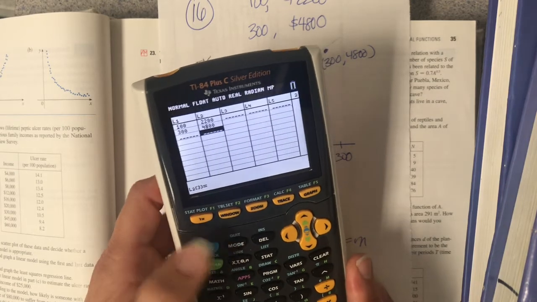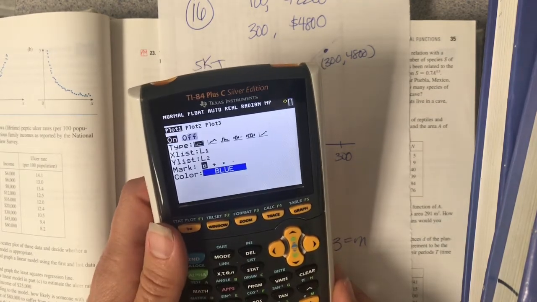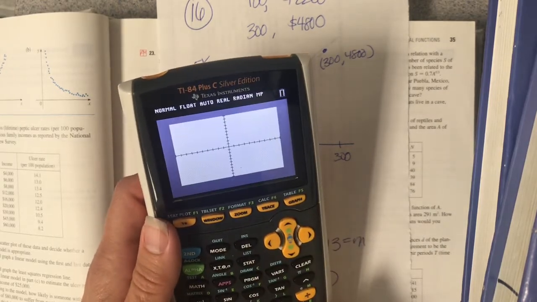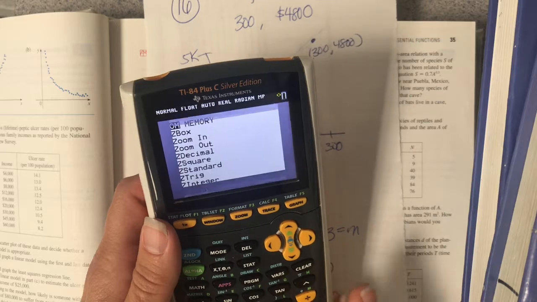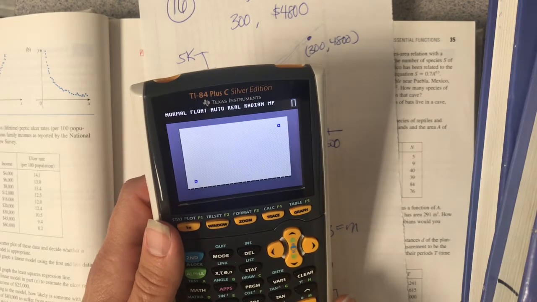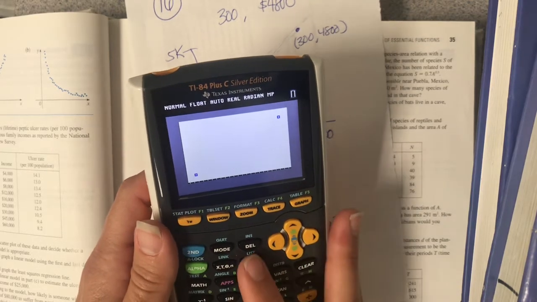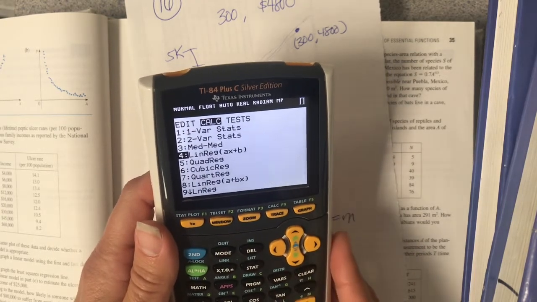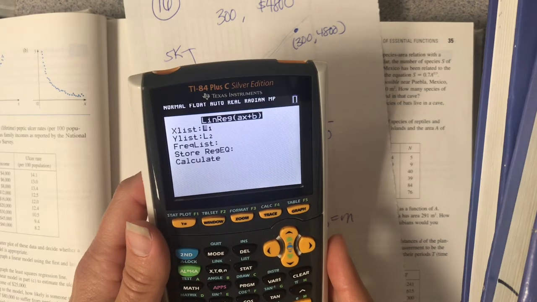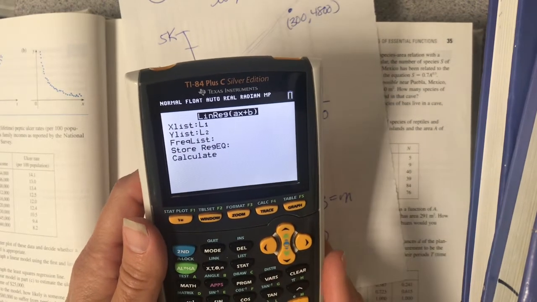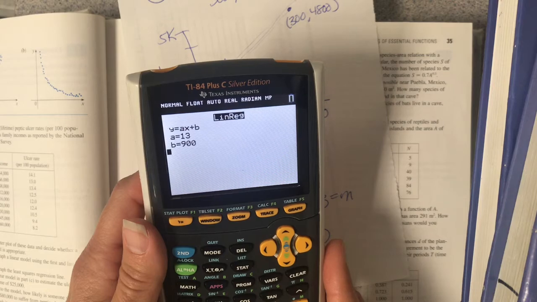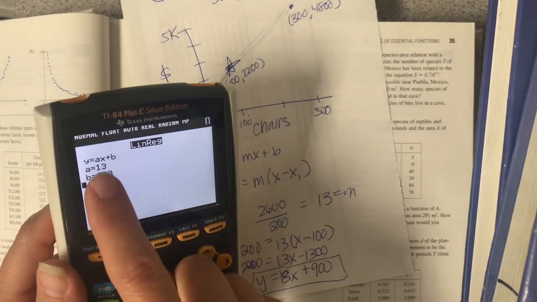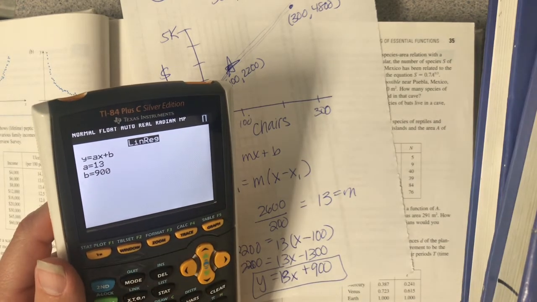If we look at a scatter plot, there are your 2 dots. To create a best fit line, go to Stat, Calc, Linear Regression, List 1, List 2, Yes, Calculate. And there we go, same thing. y equals ax plus b, where a is your slope: 13x plus 900.